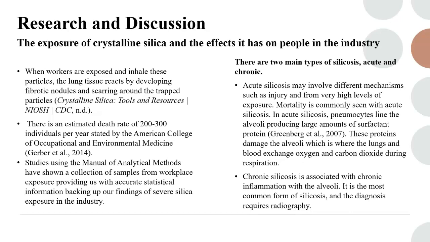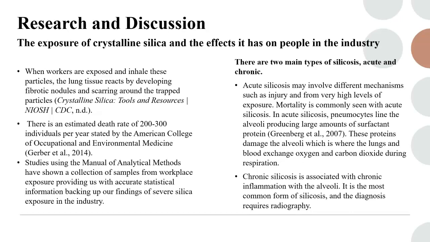According to the American College of Occupational and Environmental Medicine, there is an estimated death rate of 200 to 300 individuals per year, which is pretty big for this type of disease, considering that there is a lot of people in construction and the glass industry. Studies using the Manual of Analytical Methods have shown a collection of samples which provide us with accurate statistical information backing up our findings from the exposure in the industry.